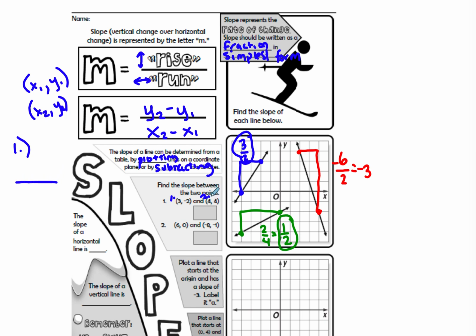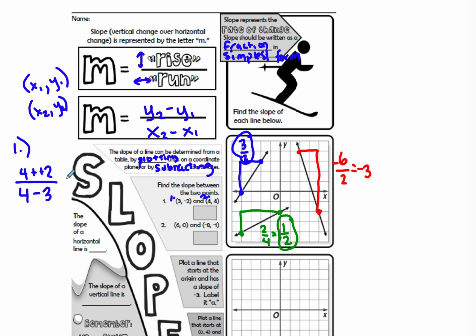So 4 and 4, that's my second point, my x2, y2. I'm starting with the same point. Now I'm going to subtract the first point. My y goes on the top, which is my second ordered pair. So 4 minus negative 2 on the top, and then 4 minus 3 on the bottom. Now I'm ready to subtract.